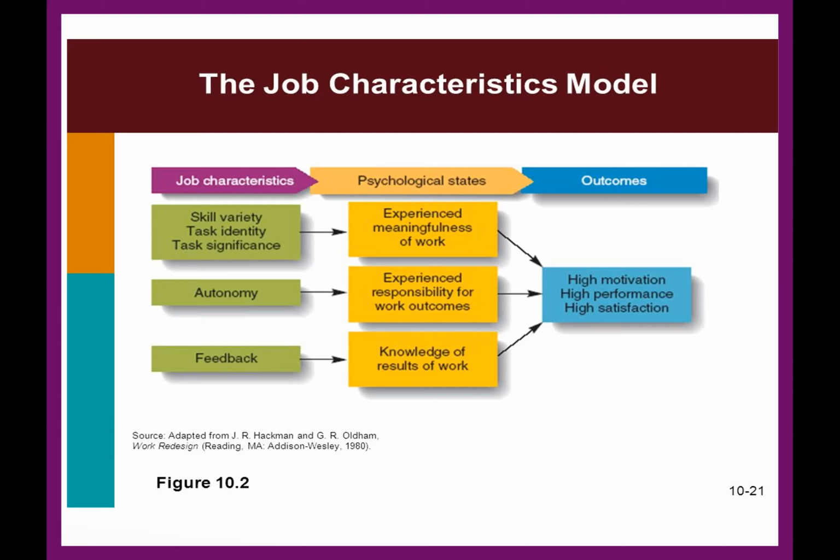This model says that if the employees experience a higher level of meaningfulness of the job, if they feel that their job is very meaningful, if they have a high level of responsibility for the job, and if they know the result of the work, it will help them enhance their work motivation, increase their work performance, and enhance their job satisfaction.